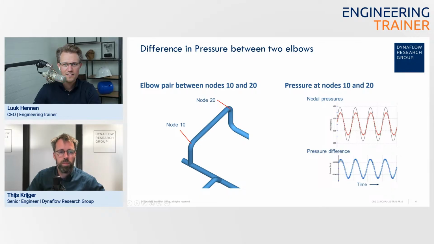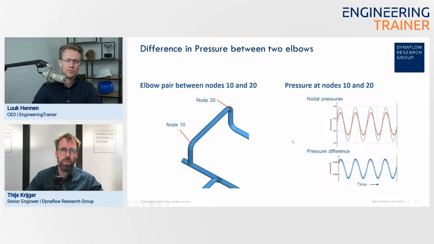And if we look at the difference between them, it will look something like this. So here you can see these fluctuations themselves might be much higher than the pressure difference. But just because there is some timing delay for a pressure pulse traveling, there will also be some pressure difference between the two elbows.